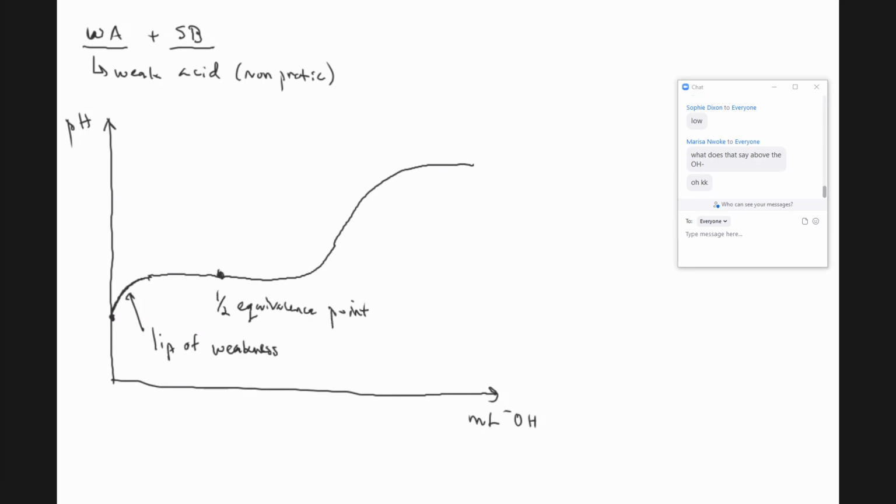That's when you have equal amounts of conjugate base to acid for that weak acid, or half equivalence. This is when you ripped off half of the hydrogen. So if you think about it, at this point, we have all HA. At this point, we have equal amounts of HA to A minus. And at this point, we call this the equivalence point.